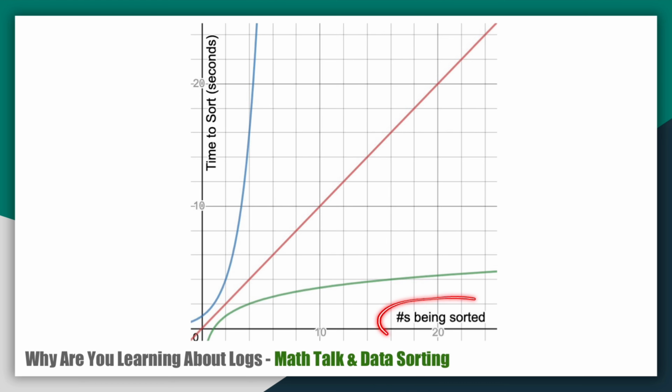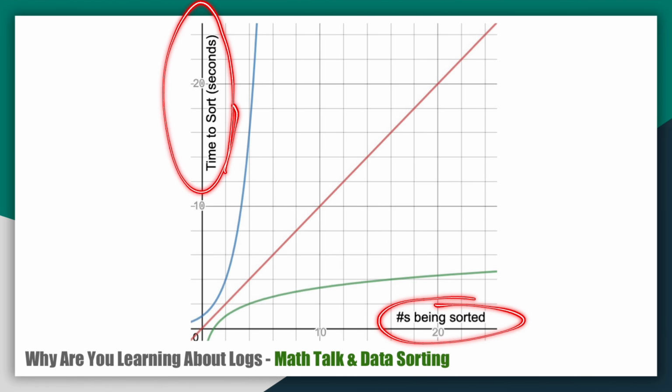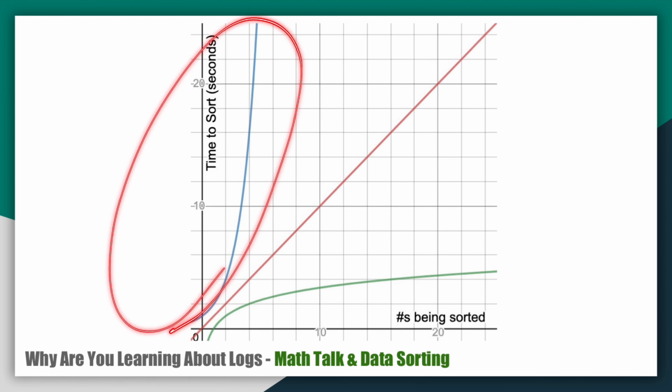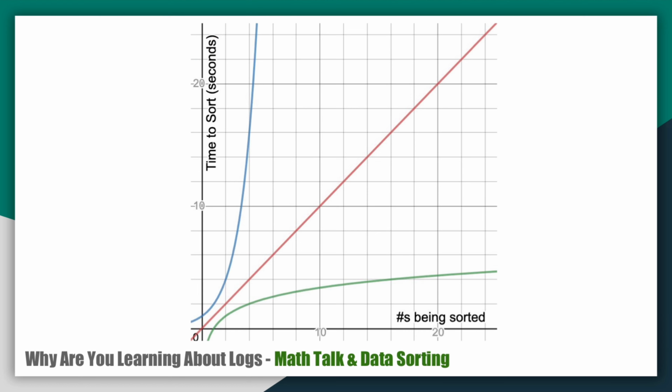Here is the number of numbers being sorted, and then the time to sort in seconds. With an exponential sort, already from 2 to 4, look at my huge jump in time. And if I go from 4 numbers to 6 numbers, it's already off the Richter scale. This is going to take forever to sort. Think about companies like Facebook and Google, and imagine how much data they have to sort and filter through. An exponential sort is not going to work.